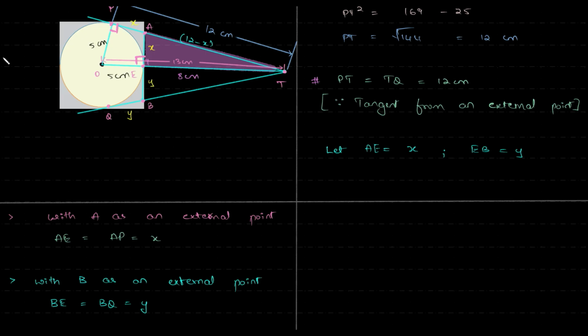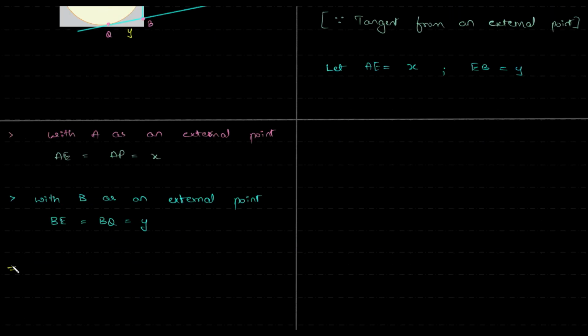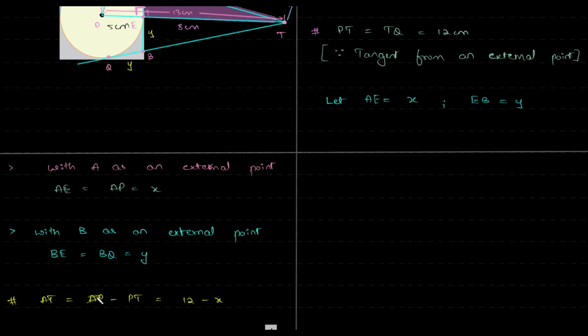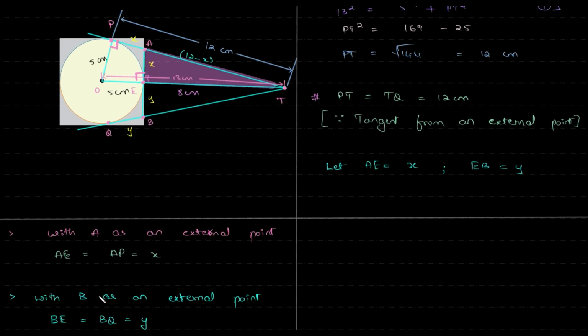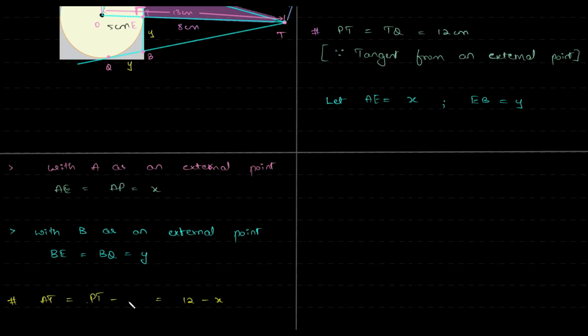Okay, and now we can talk about AT being 12 minus x. AT, which is equal to AP minus PT, which is equal to 12 minus x. Is that correct? No, this is PT minus AP. And then we have the other end.